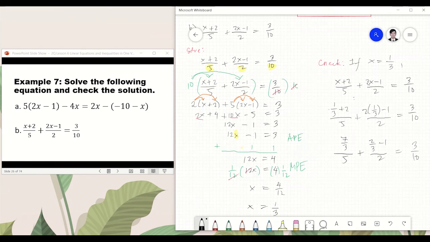Okay. Sunod naman, 7/3 divided by 5, yung all over dito, that's a division. So we change division to multiplication. Reciprocal ng 5, 1/5. Dito naman, 2/3 minus 1, it's negative 1/3.